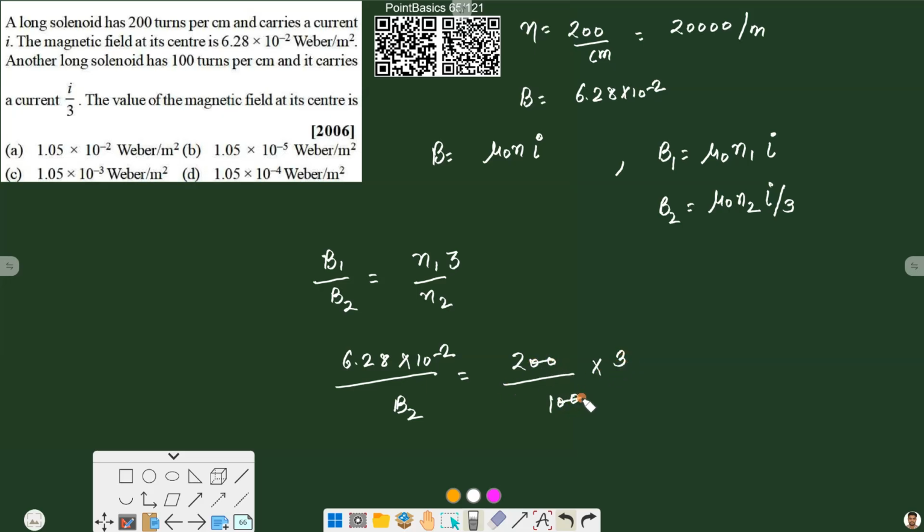So this gets cancelled, and we have B2 equal to 6.28 × 10^-2 by 6. So it will be approximately 1.04 × 10^-2, which is similar to option A. Moving to the next one.